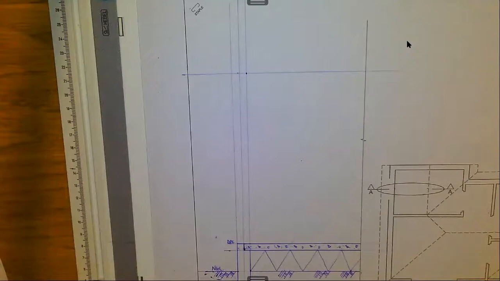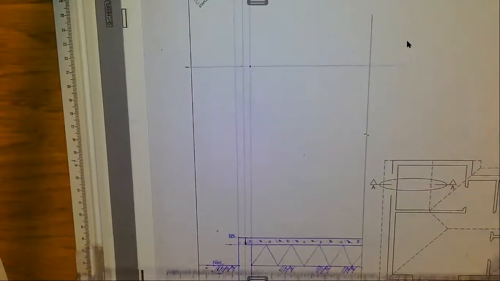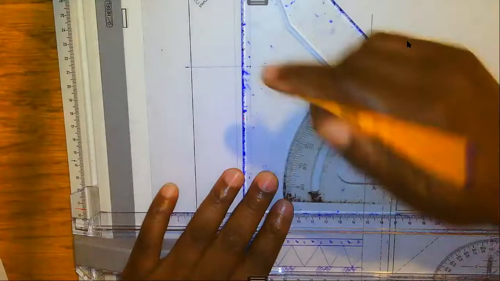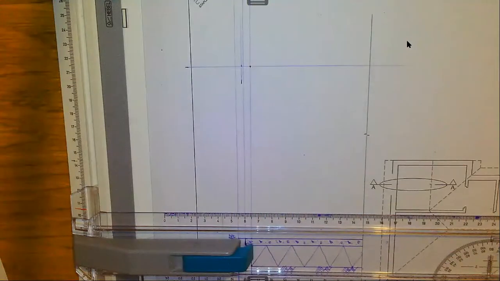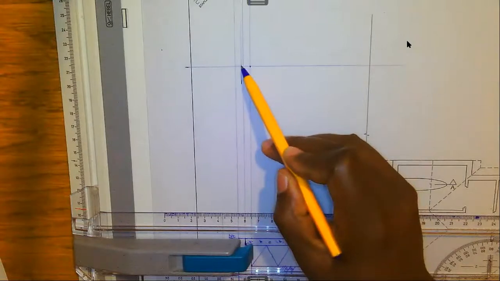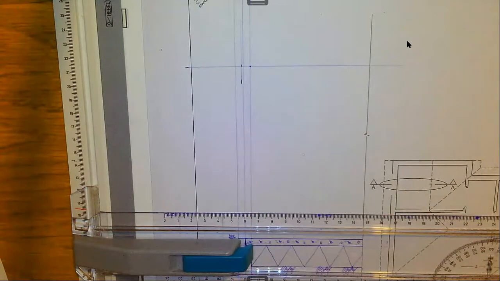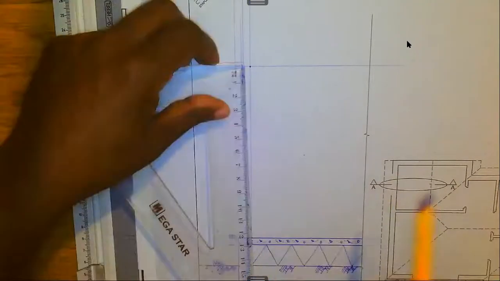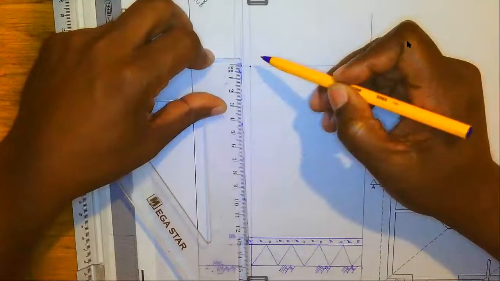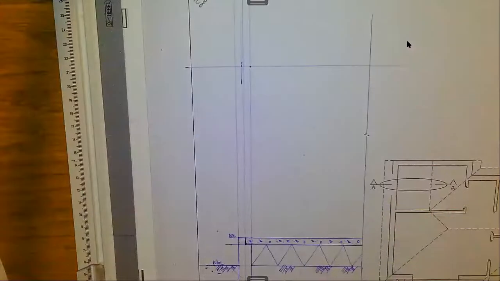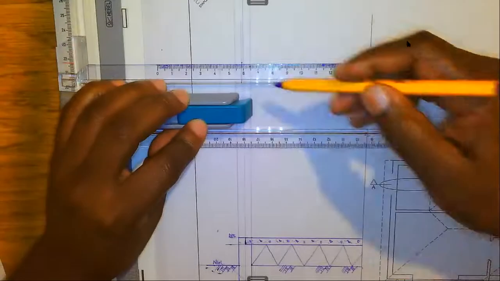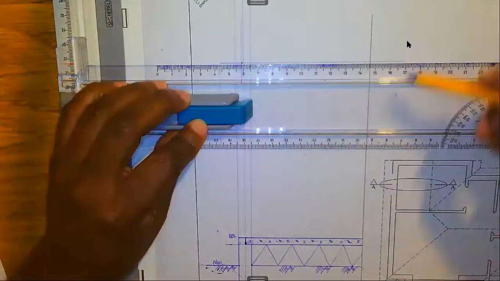I'm trying to be as accurate as possible in terms of our presentation, right? Then you draw a faint vertical line like that, right? So from here to there, that's the length of the wall plate, and the height is 40 millimeters. 40 millimeters, that's 2 millimeters, okay? So I'm going to measure 2 millimeters. Like that. Then you draw a faint horizontal line like that.